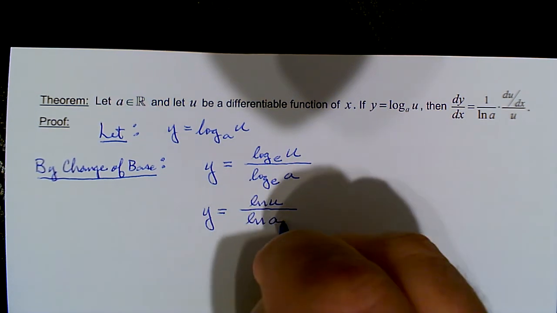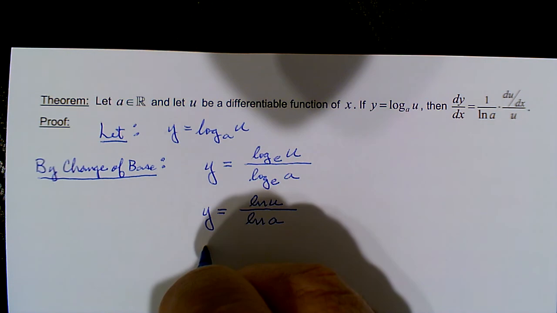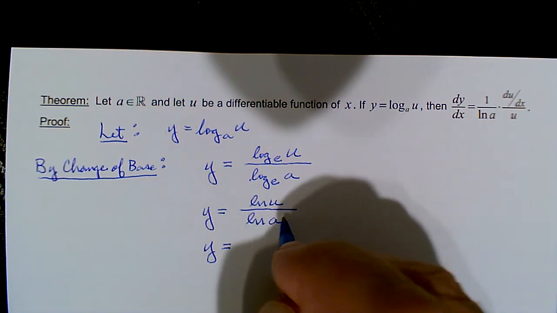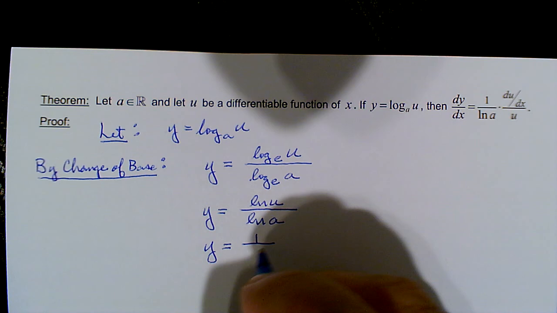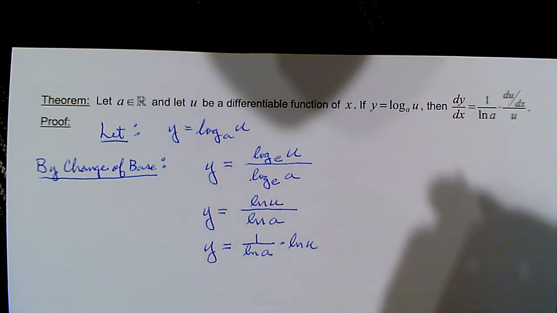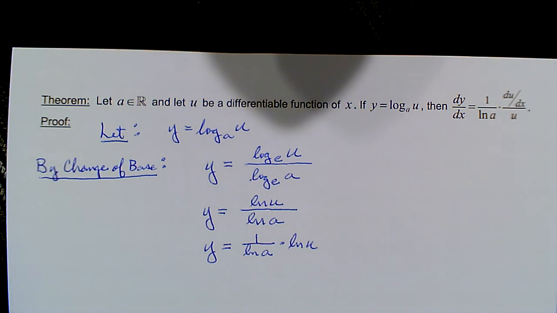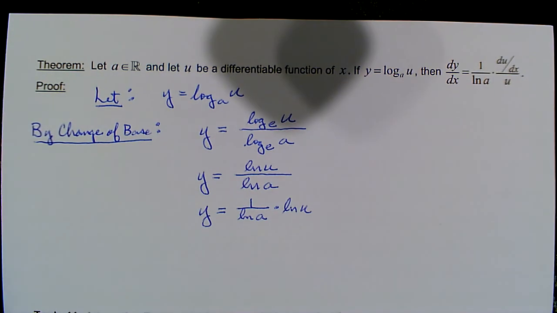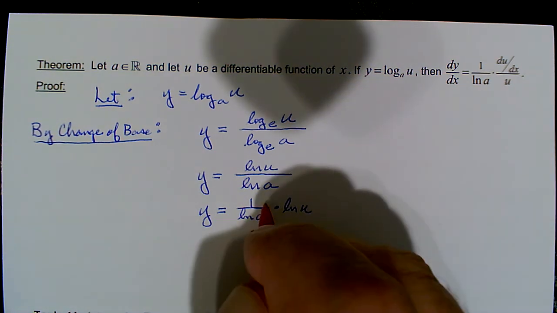And then I'm going to rewrite this because u is the variable, a is a real number, so I'm going to write it as 1 over the natural log of a, and then times the natural log of u. And the reason why I did that is because just like in the first proof, when a was a constant, the natural log of a was a constant, and so it follows that 1 over the natural log of a will also be a constant.